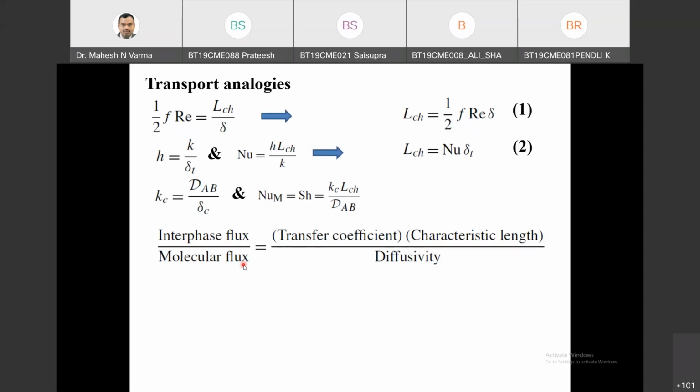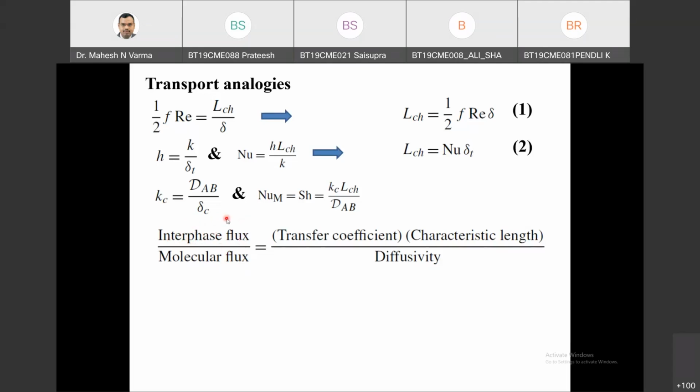Most of the time, whenever there is convection, it will be dominating. So convection can be represented as the total flux itself. Whenever there is convection, molecular flux will be negligible. So sometimes this interface flux is referred to as the convective flux, sometimes as the total interface flux.